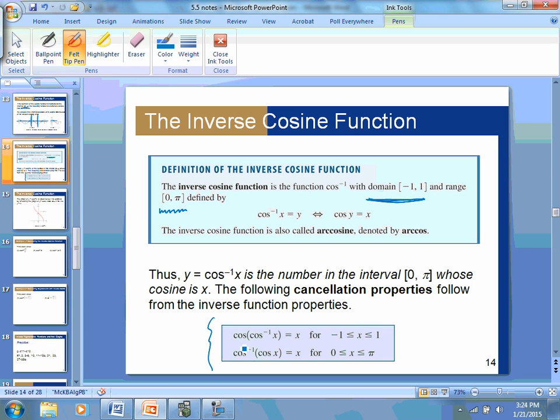If you're taking the inverse cosine of the cosine, then your x value has to stay between your range values, between 0 and pi. So if that happens, then you can just cancel and x will be your solution.